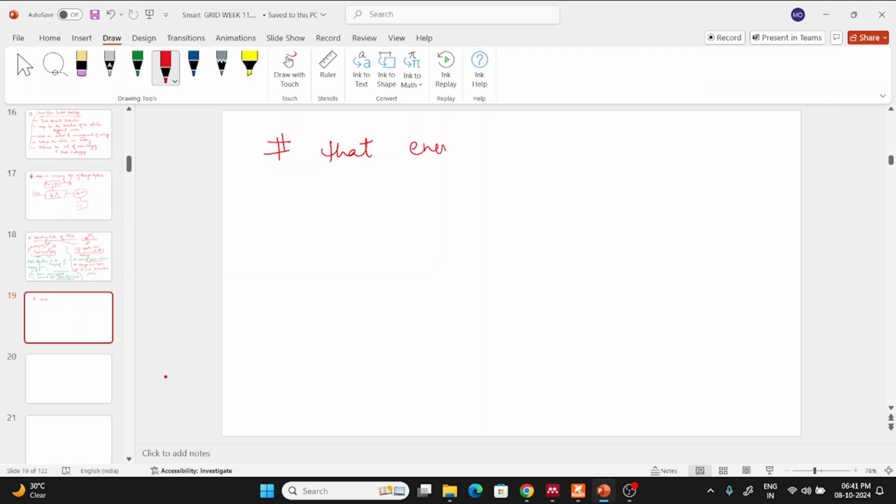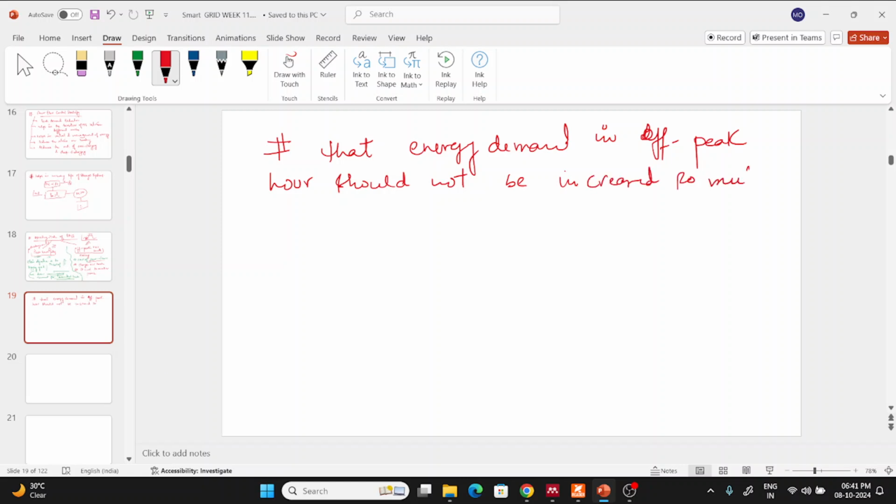the energy demand in the off-peak hour should not increase so much that it drives the conventional generation towards another peak hour mode.